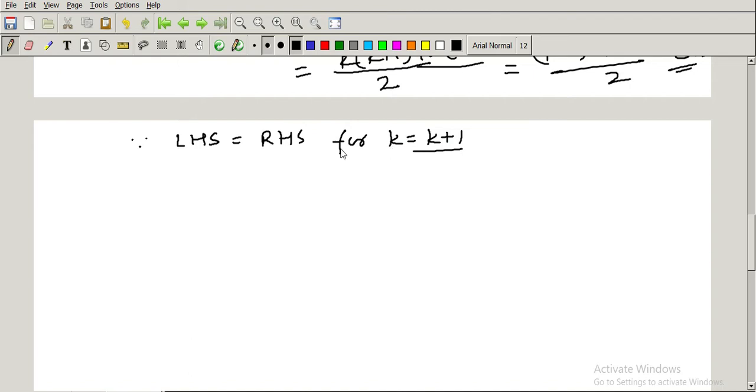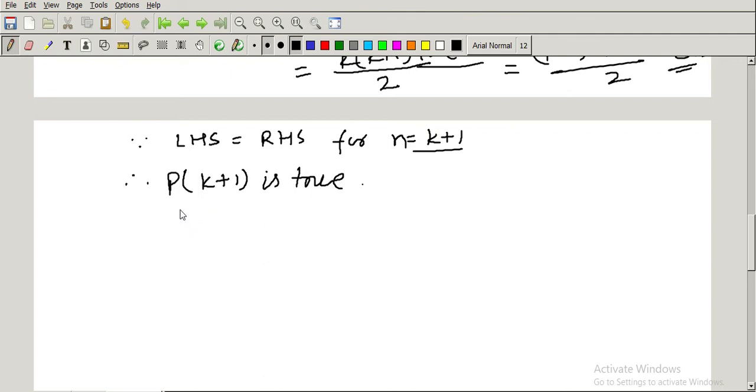Or we can say not for k is equal to but for n is equal to, right. So for n is equal to k plus 1, right. So we can say that P(k plus 1) is true. P(k plus 1) is true where P(k) is true, right.